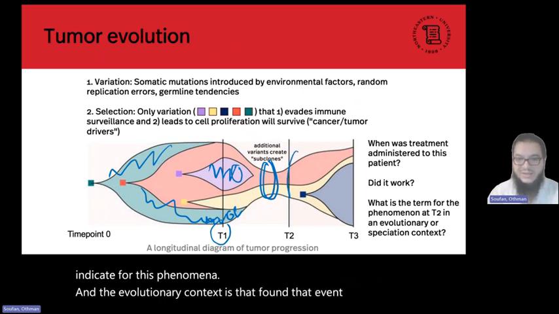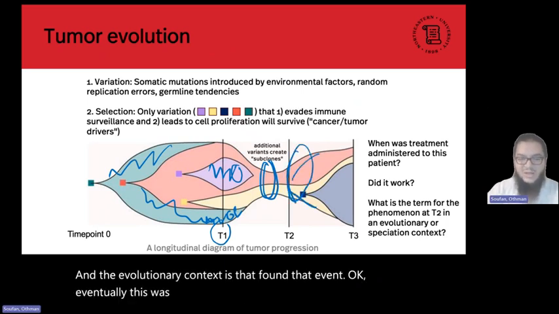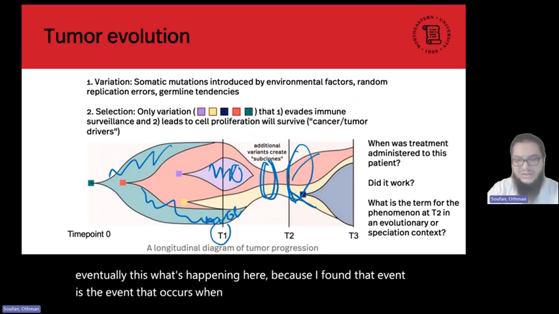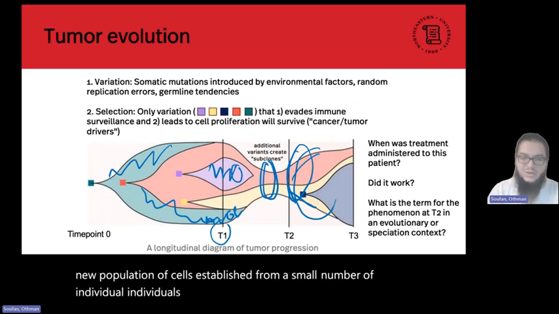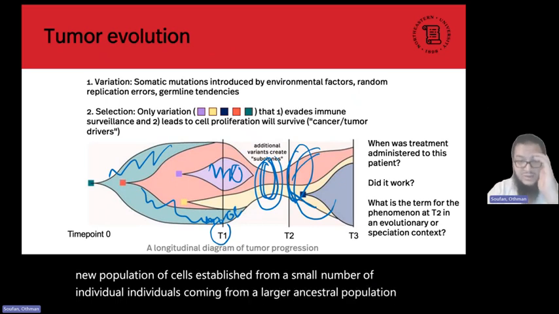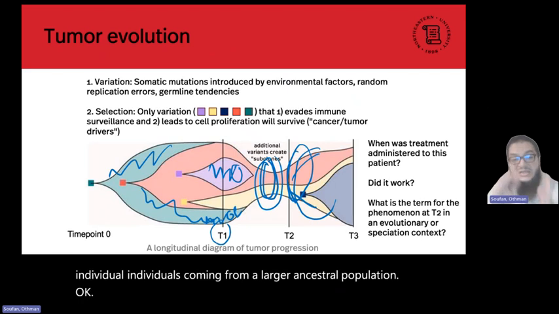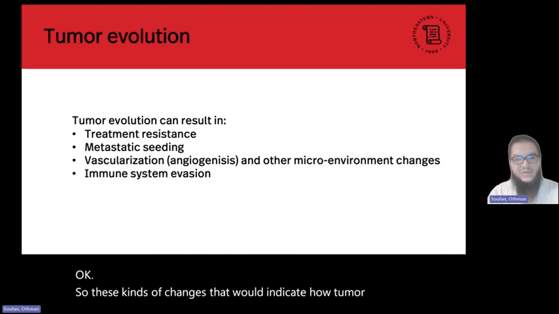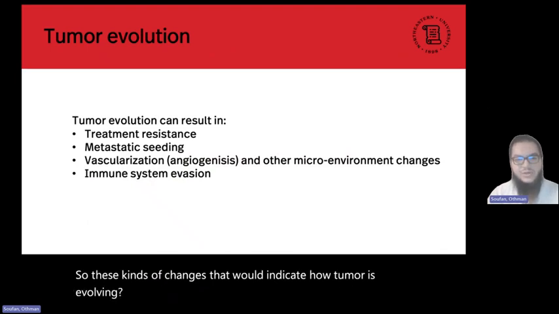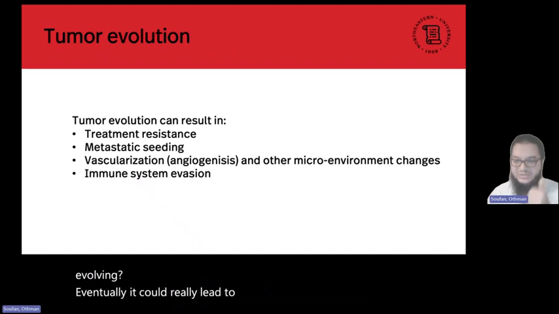A founder event is the event that occurs when a new population is established, a new population of cells established from a small number of individuals coming from a larger ancestral population. So these kinds of changes indicate how the tumor is evolving, and eventually could really lead to treatment resistance.